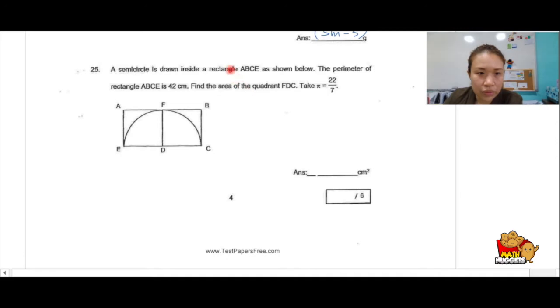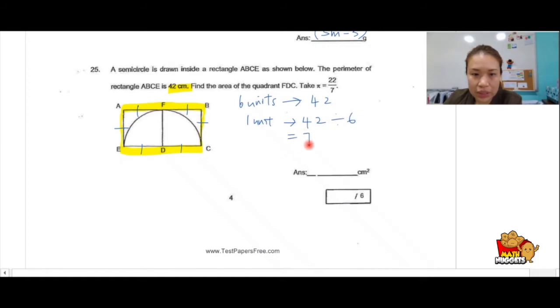Question 25. The perimeter of the rectangle ABCE is 42. So this makes up 42 centimeters. Okay, so from here we actually need to find out the radius. This is the same as this. So in total we have 6 units there, 6 equal parts, 42. So one of it will be 42 divided by 6, which is 7. So the radius is 7 centimeters.